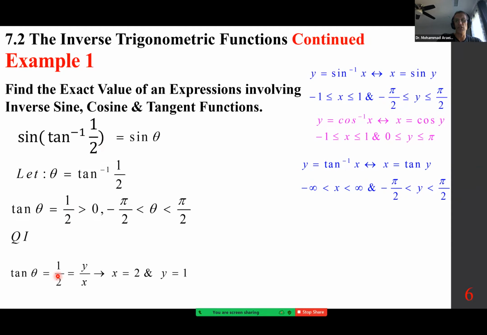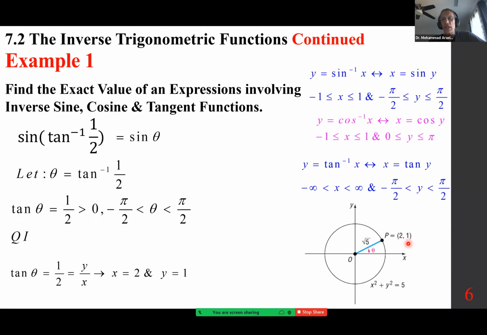We can calculate r. As you know, x squared plus y squared is r squared. In this case, 2 squared plus 1 squared gives 5, so r is square root of 5. Having the pair x, y, we can find r.